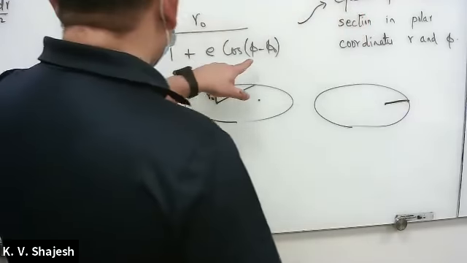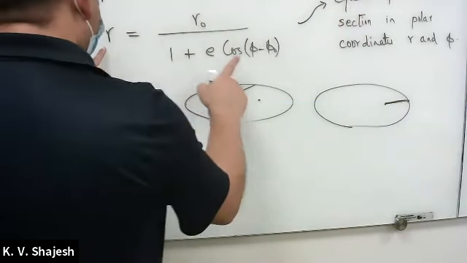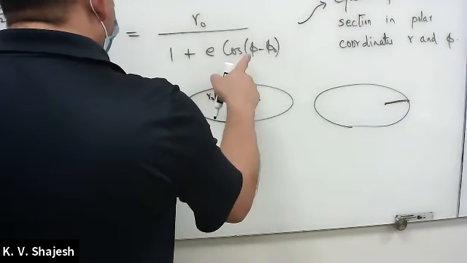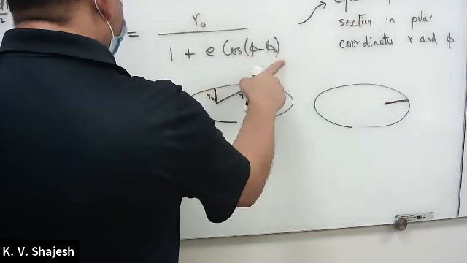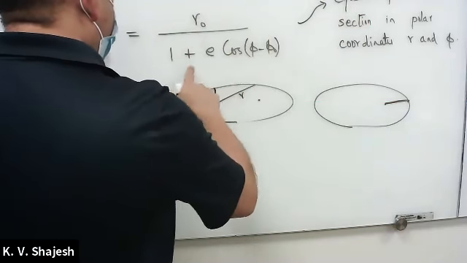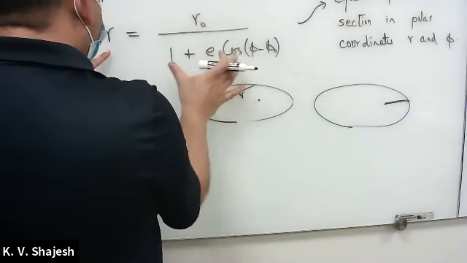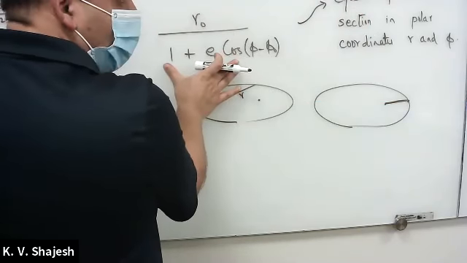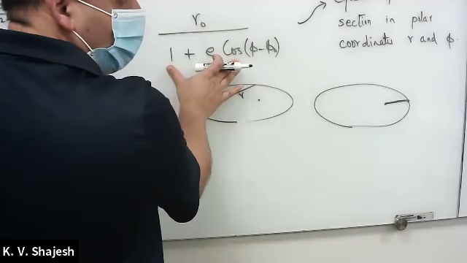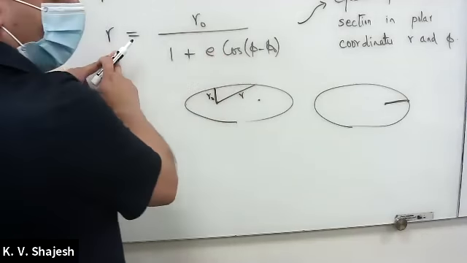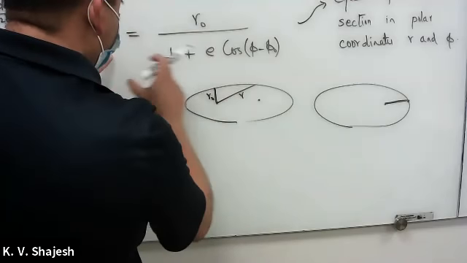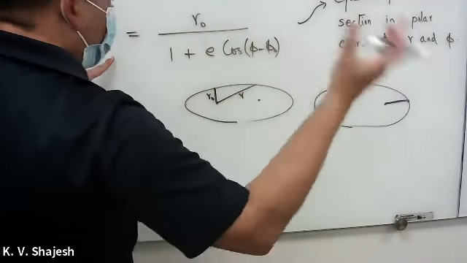So basically we can see that when will R be a minimum? Whenever this is a minus 1, because then it is 1 minus E. That's a constant. Whenever this denominator becomes a minimum or a maximum, that's when R will become a maximum or a minimum. Cosine phi can be plus or minus 1.